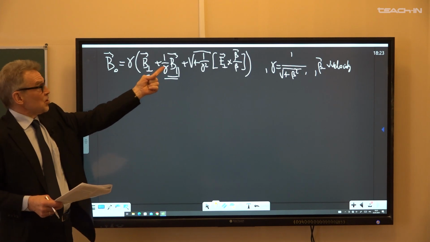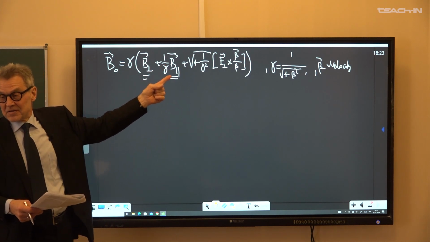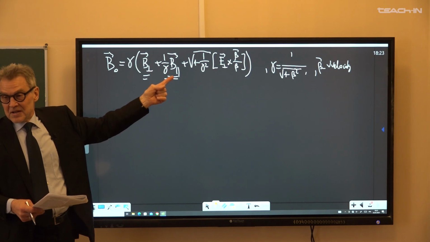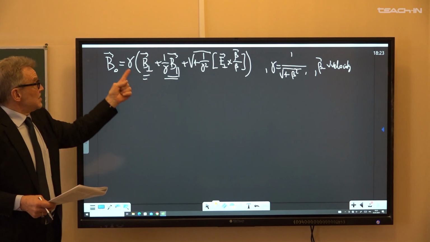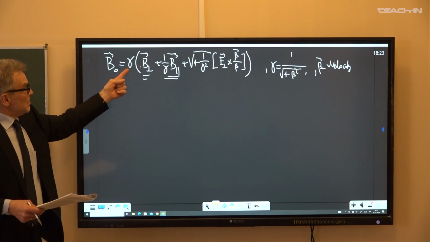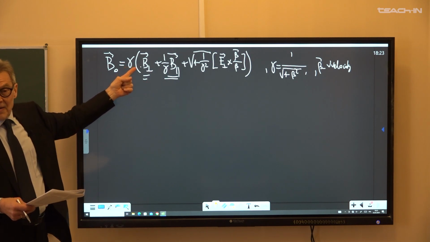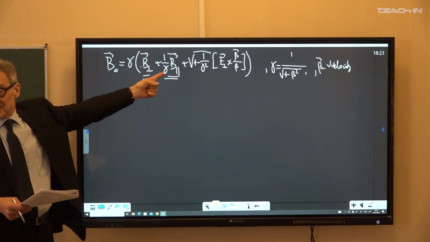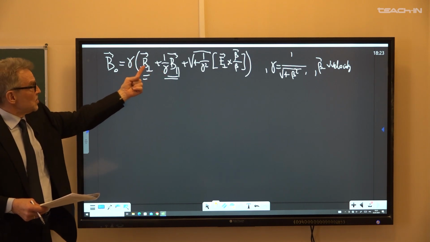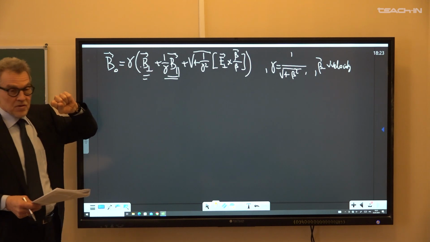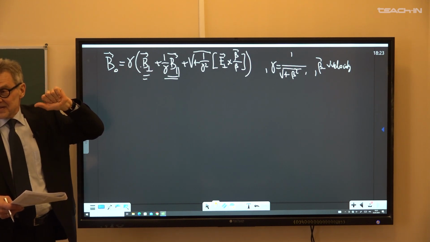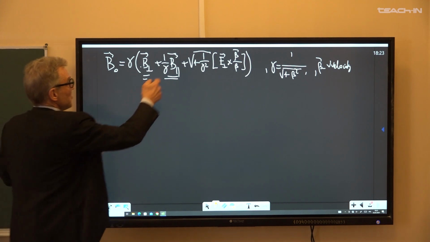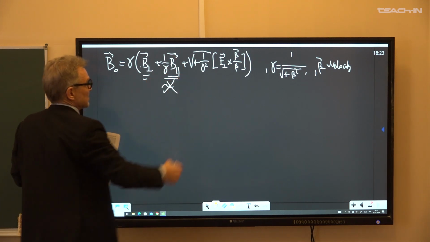Because it is strongly suppressed by gamma. Gamma, for relativistic cases, is much bigger than 1. This field is enhanced by gamma, and this is not enhanced. So the contributions of the transversal and longitudinal parts of the magnetic field are quite different. Yeah, and often people just forget about this. Okay.